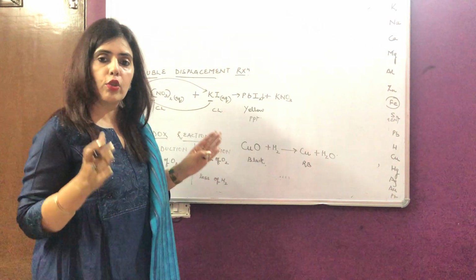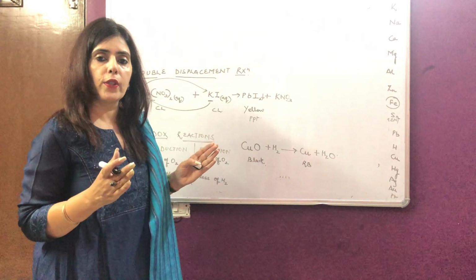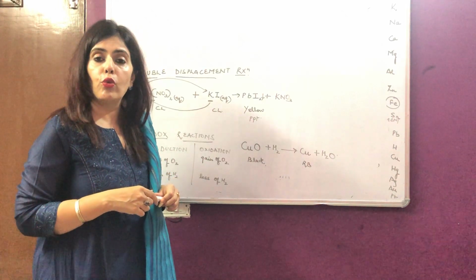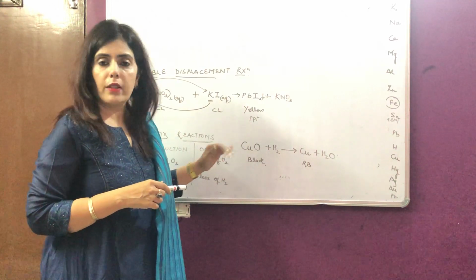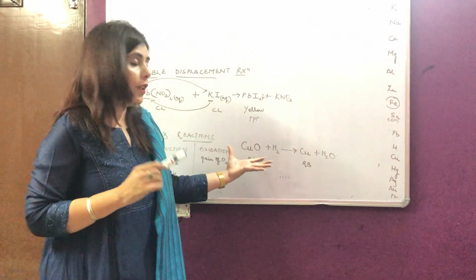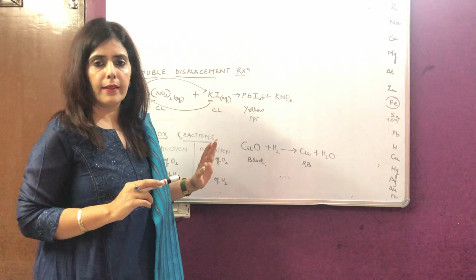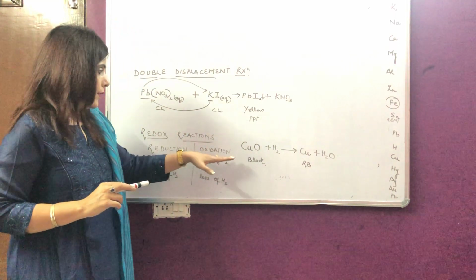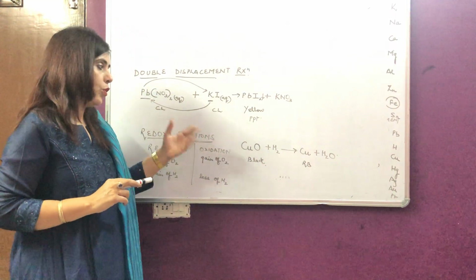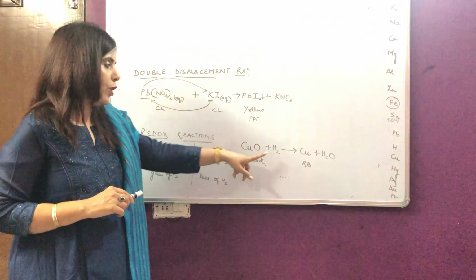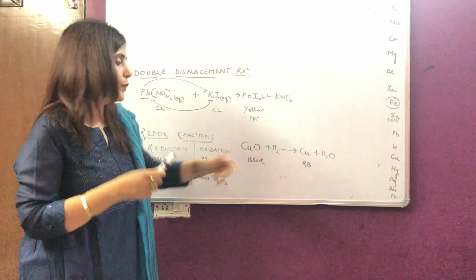Now see, to determine who is getting oxidized and who is getting reduced, the only fundamental rule is that you look at the reactants. Never look at the products and answer, because your answer is always going to lie in the reactants. So now see, amongst the reactants, who is gaining oxygen?